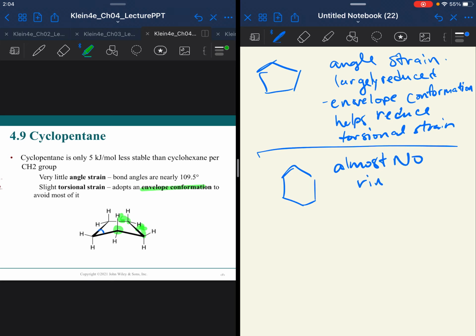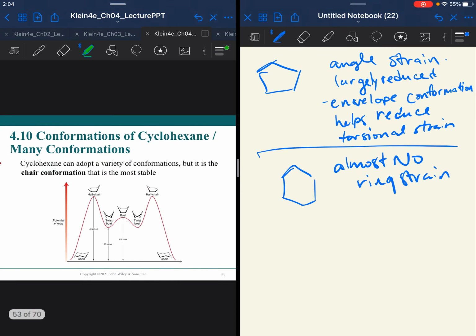almost no ring strain is observed for a cyclohexane ring, which is interesting because this says 120 degrees. That is farther away from 109.5. So in theory, it would compress these other angles and it should be less stable.